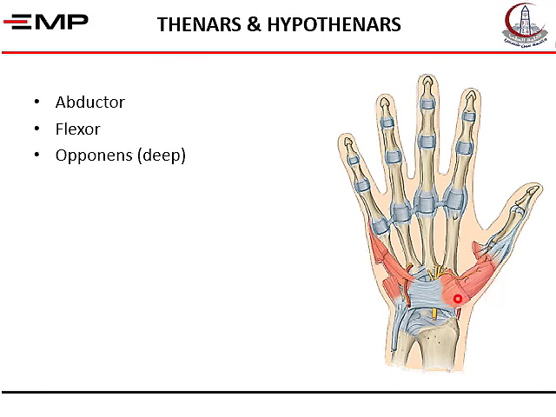Of the superficial muscles, the outer one is usually abductor and the inner one is flexor, whereas the deep one is opponens. So in the case of the thenar muscles, we have abductor pollicis brevis laterally, flexor pollicis brevis medially, and deep to them we have opponens pollicis.